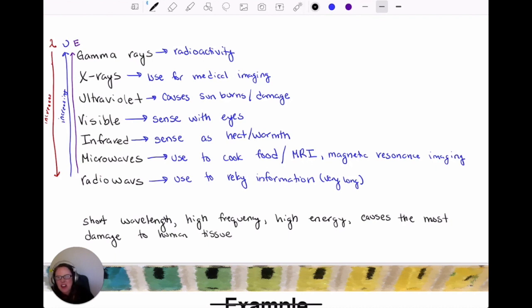And radio waves really don't cause any damage at all. They're all over the place. They just don't penetrate at all or cause any type of damage.